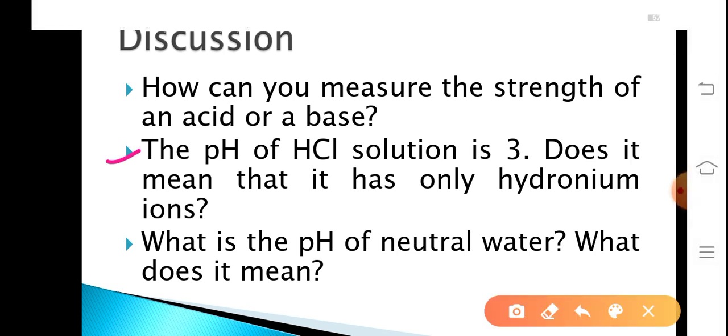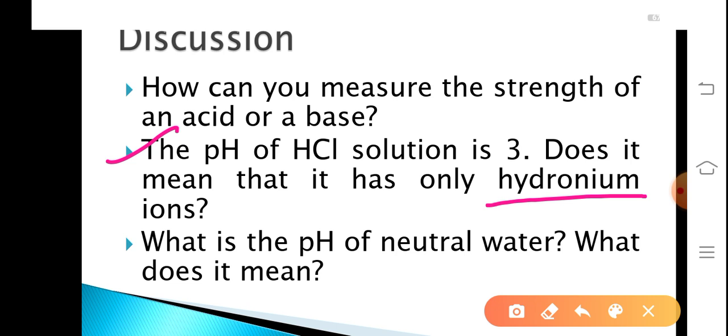Now, the pH of HCl solution is 3. Does it mean that it has only hydronium ions? If the pH is less than 7, that is 3 here, it does not mean the solution has only protons. It only means that the concentration of proton ions is greater than those of hydroxyl ions and the solution is acidic.